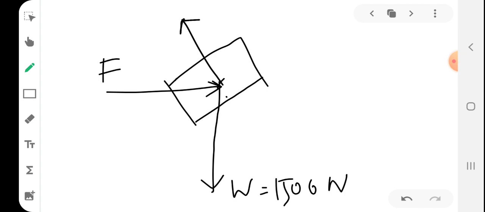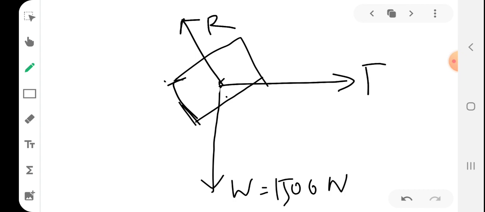So this is R, and this F can be transferred like this. So this is F, this is R. This is how you draw the free body diagram.